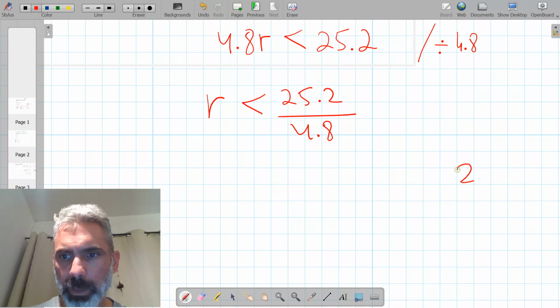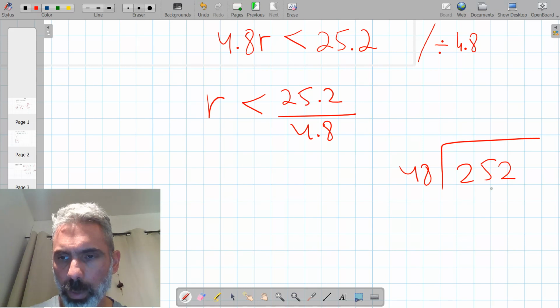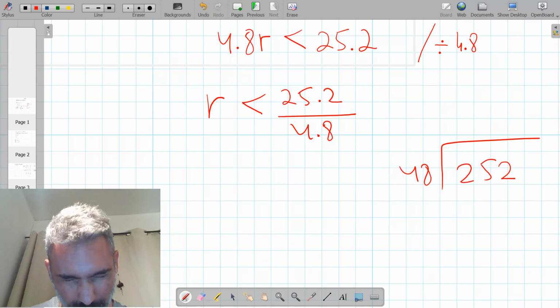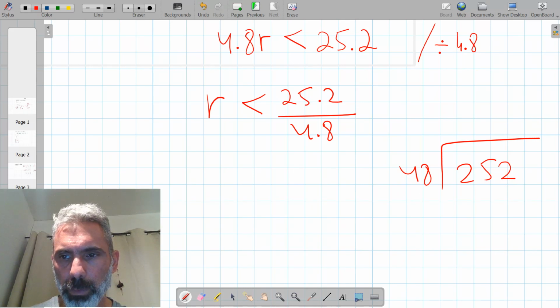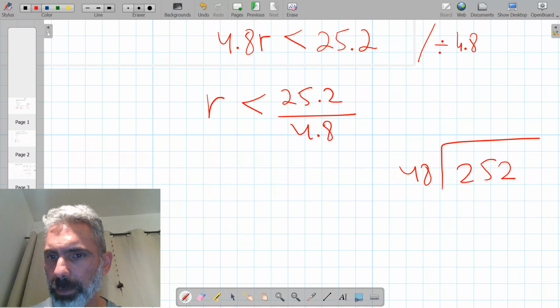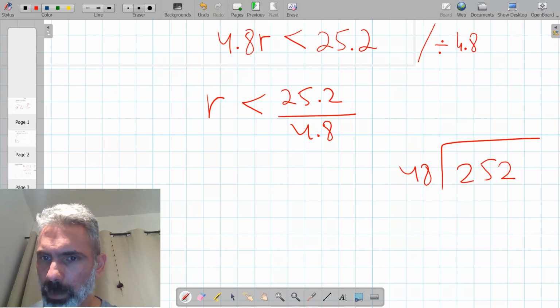I shift the decimal point one place to the right, so I have a whole divisor. So instead of 25.2 divided by 4.8, I'm dividing 252 divided by 48. 48 goes into 252, I guess 5 times. 5 times 40 is 200, 5 times 8 is 40, so it's 2.